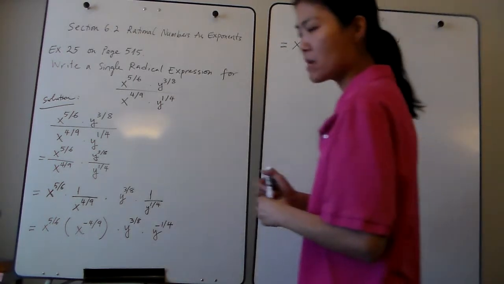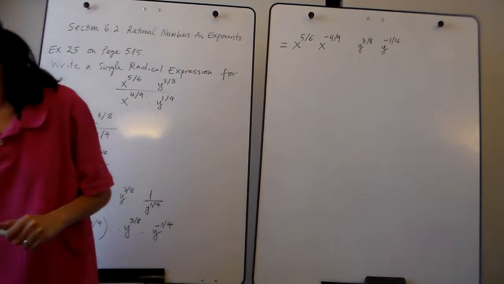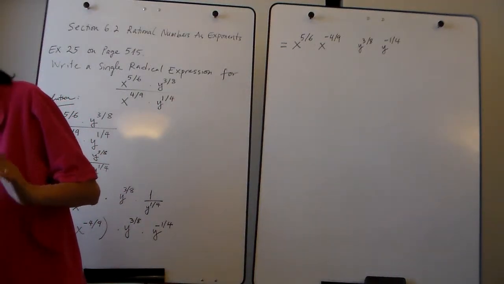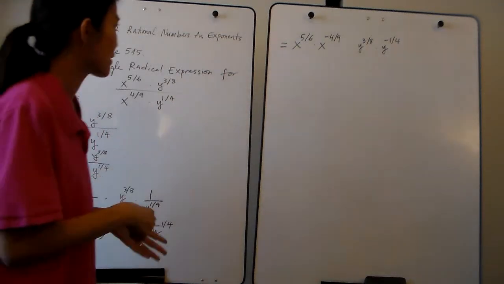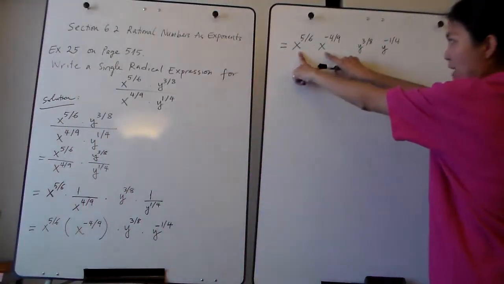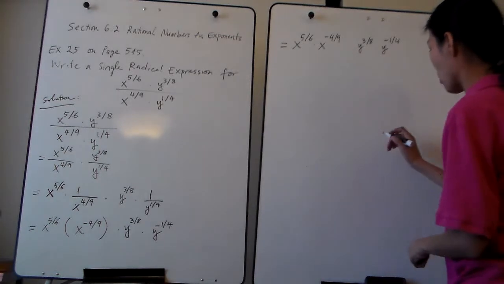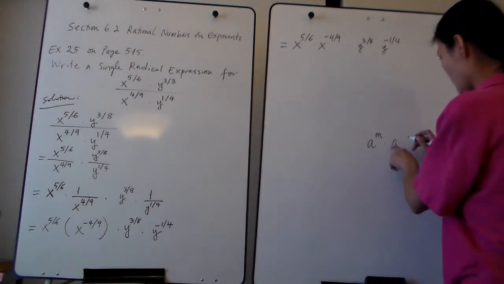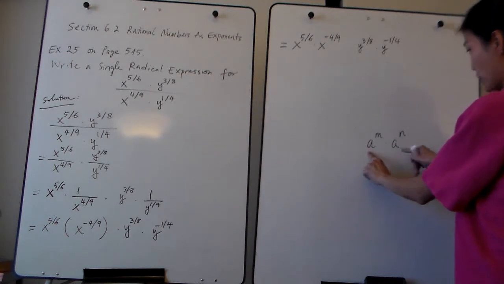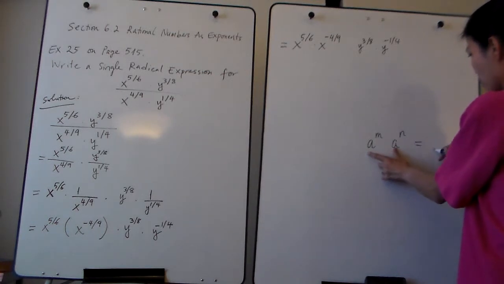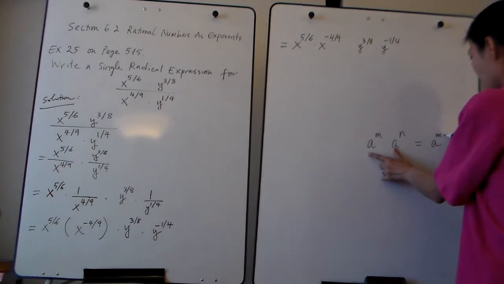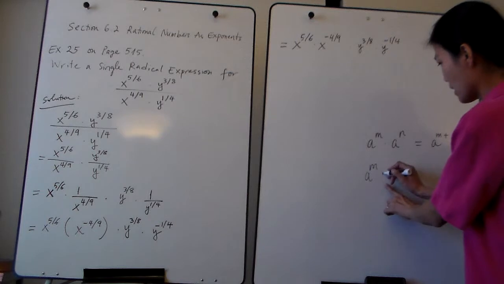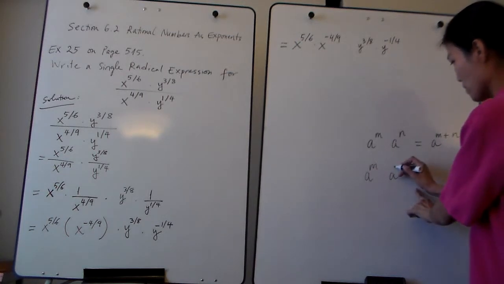That means you can combine those two factors using the laws of exponents. If you have the same base a, a to the m times a to the n, when you multiply them, you take the sum of the exponents, m plus n. Now you have a to the m, but this time with a negative exponent.